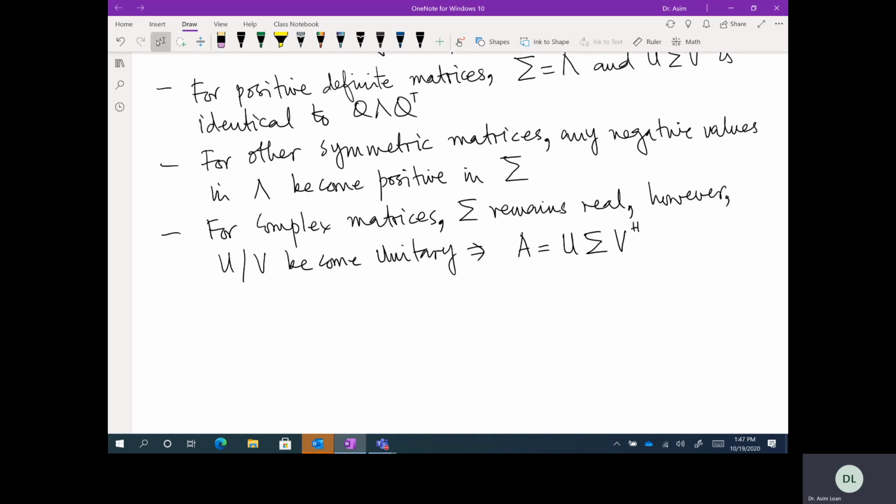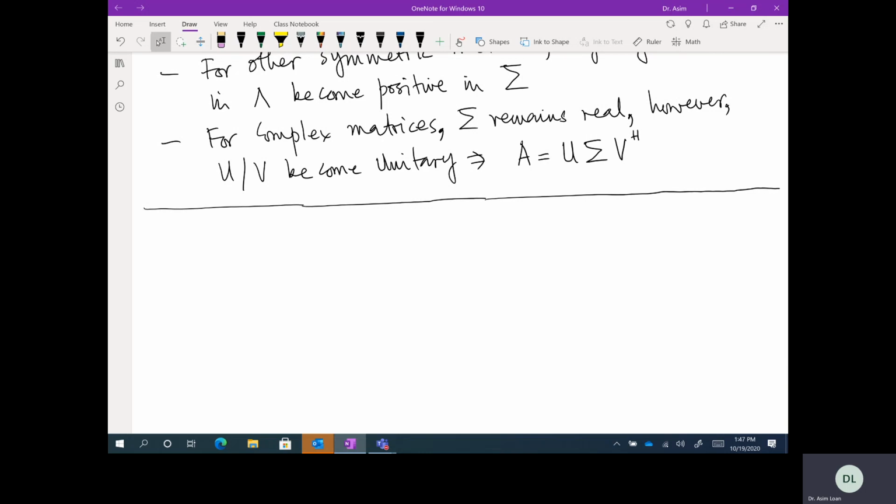And let's see how we calculate these singular values and singular vectors. Let's write A again. So A is U sigma V transpose. Let me write the dimensions: m by n. These are square matrices, orthonormal, so obviously they have to be square.